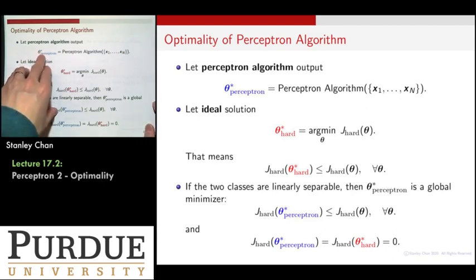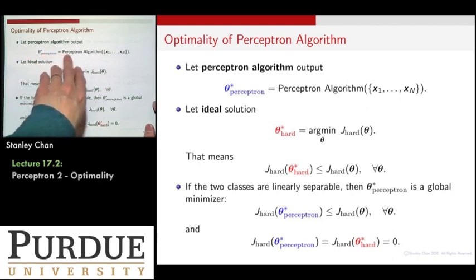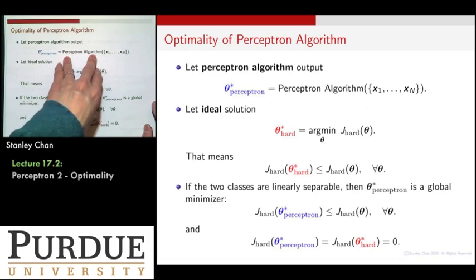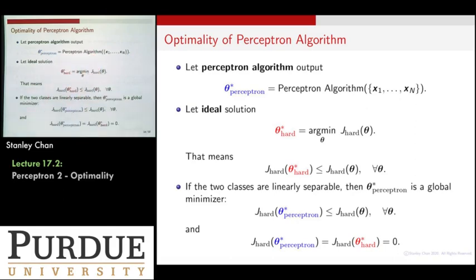Let me write it this way. I say that theta star perceptron is the output of this perceptron algorithm based on my soft loss function. And then I have an ideal solution, which is the hard perceptron loss solution, which is just this hard case. So I have this theta star hard.